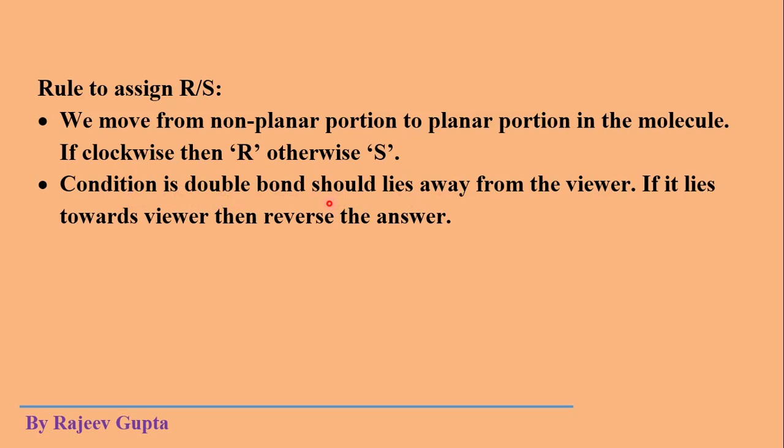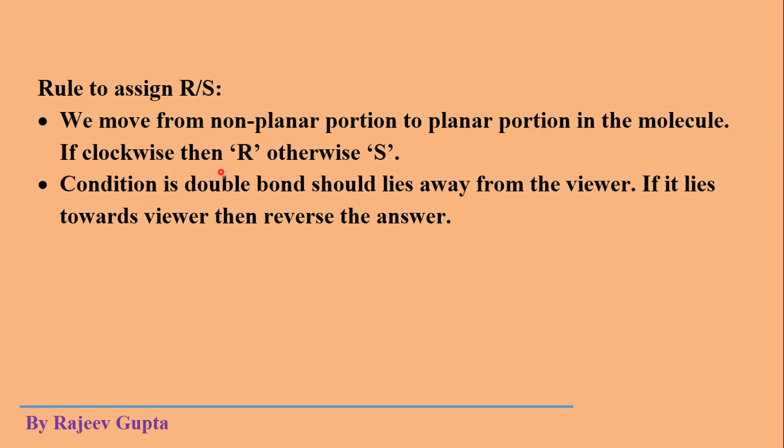We will visualize the double bond away from the viewer. If it lies towards the viewer, then we will reverse the answer. If double bond is situated towards the viewer, then we reverse the answer, meaning if we get R, we convert it into S.